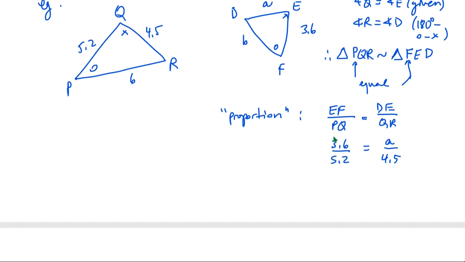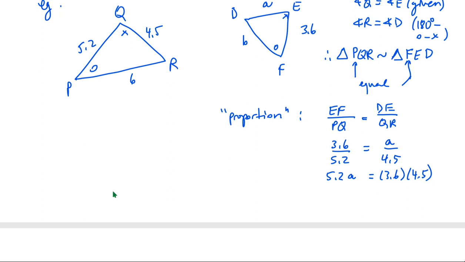To solve this, you can clear the fraction, multiply both sides by the denominators, and then reduce. But a shortcut to that is to cross multiply. So 5.2 times A equals 3.6 times 4.5.